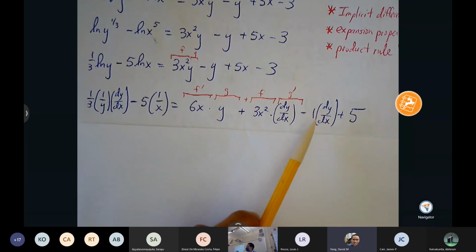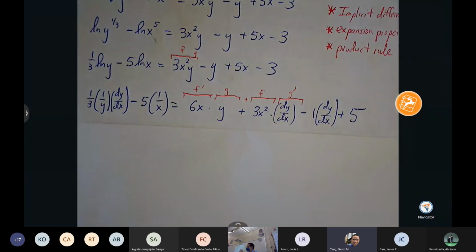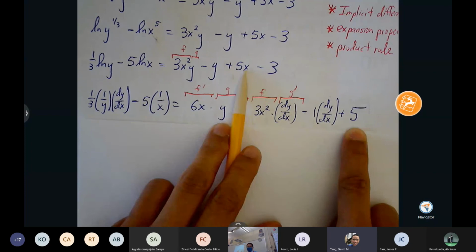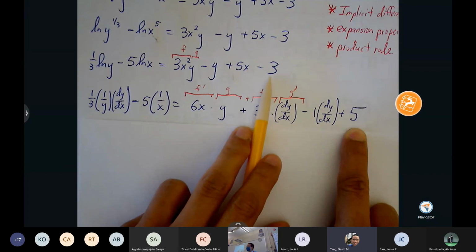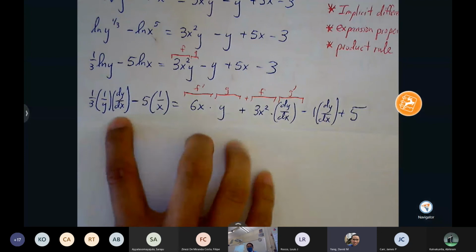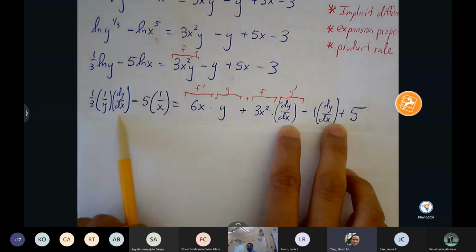It's a good placeholder. Later on, when you want to factor dy dx out, having that 1 there reminds us that there's a term there that remains. 5x becomes 5, the constant 3 goes to 0. Okay, 1, 2, 3. I have 3 dy dx's.